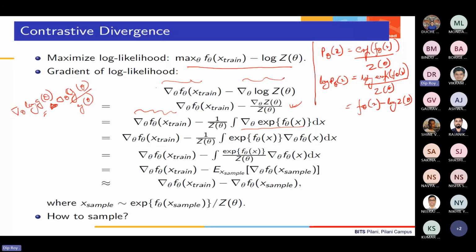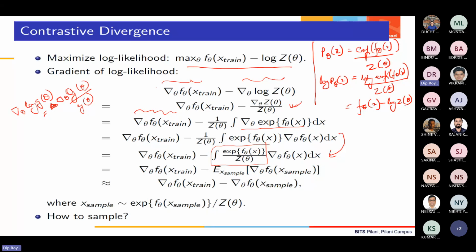Now, once you have this integral form of the normalization, you can do a small bit of rearrangement and bring this to an expectation form. And now what has happened here is that you have an expectation over a sample, X sample, and inside it you have the gradient.